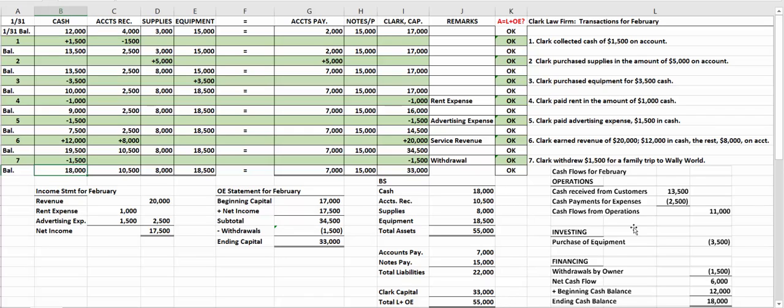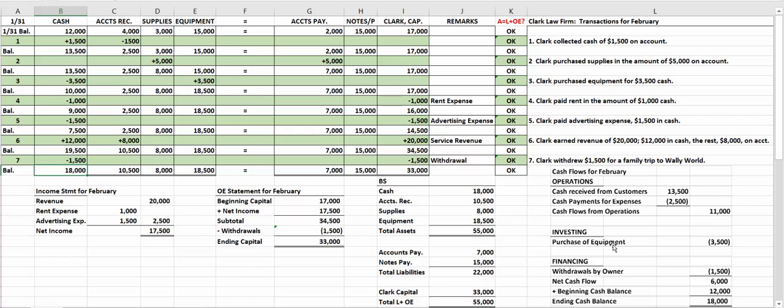I sketched out for you a cash flow statement. And the cash flow statement, if you go over to the cash account, you're just going to use the cash account for your cash flow statement. And so, for example, we received cash from customers in the amount of $13,500, and that was from transaction 1, that was $1,500, and from transaction 6, where we earned revenue and $12,000 came in cash.